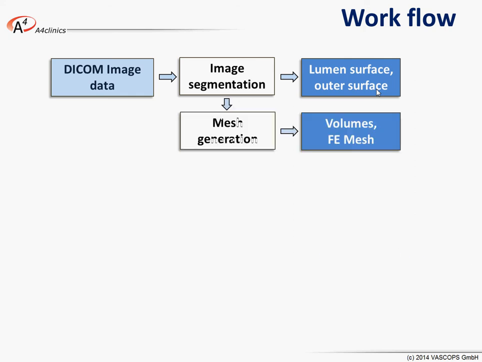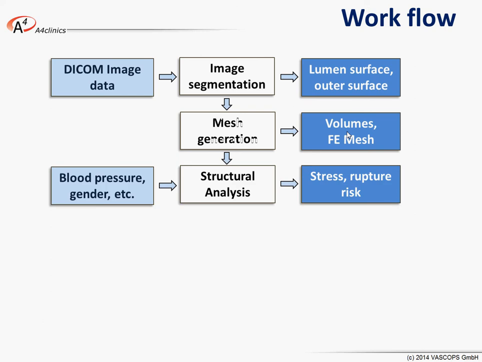This information is then used to perform a mesh generation, which is a required step for the biomechanical analysis, and in addition we can then immediately extract the volumes of our different types of tissues that are involved in our aneurysm.